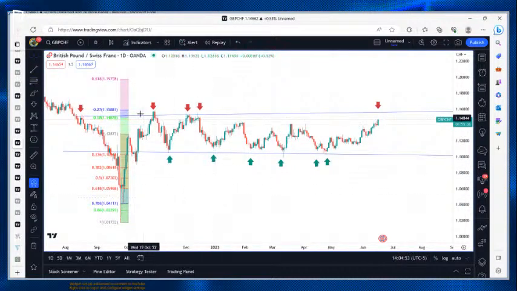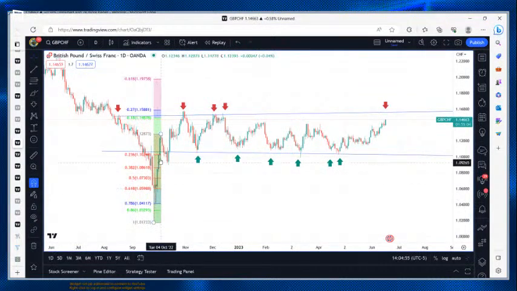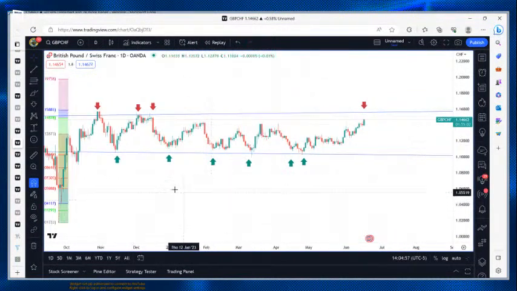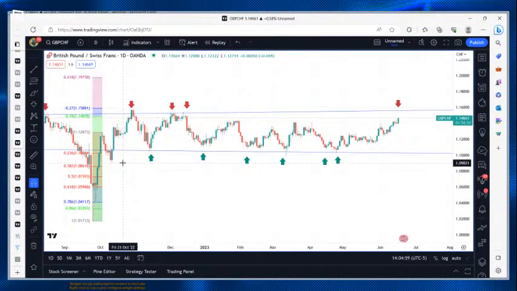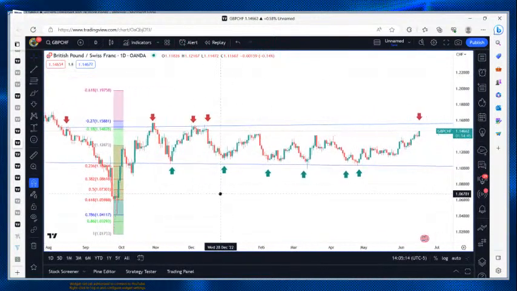So from this low to that high, we have a retracement of 236. But this market has never been able to break above the 2.7 retrace or extension because again, we have consolidation. The market entered consolidation right here.